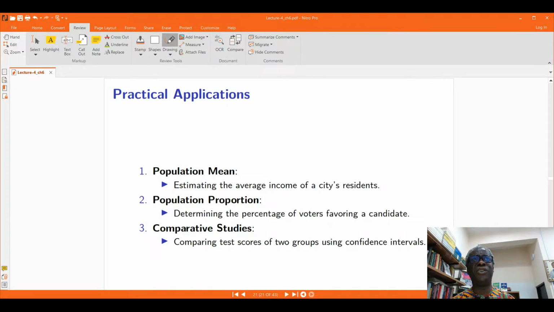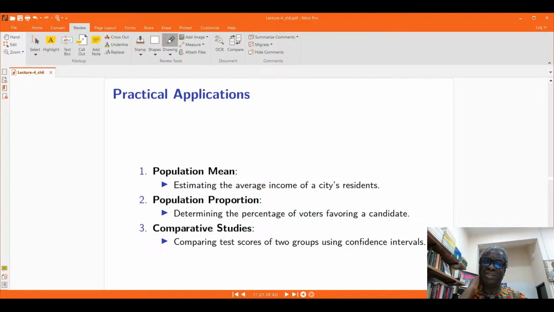In your hall of residence, when you are preparing for the election of the president of the student union, you can estimate the proportion of students in favor of a particular contestant. You can also compute the confidence interval for the proportion.